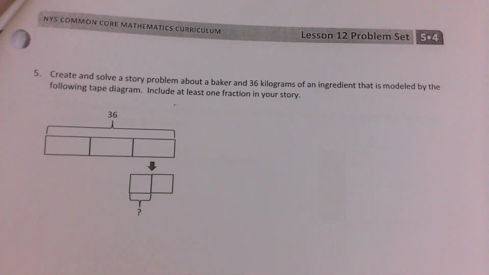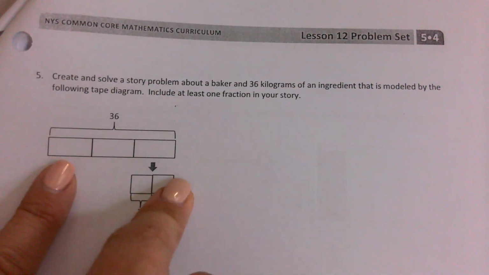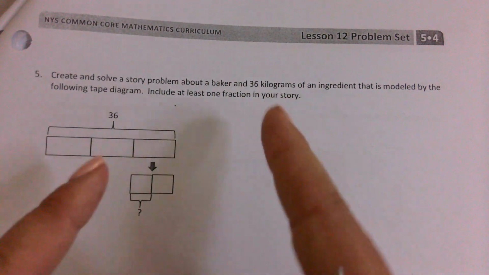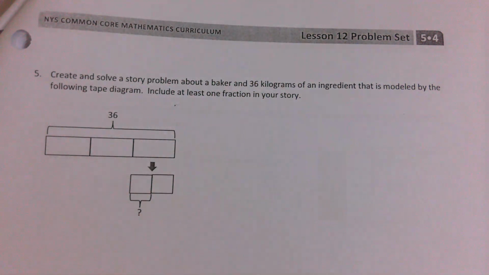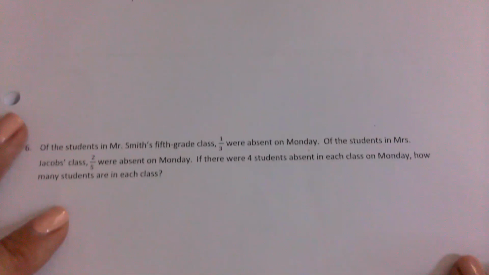So you need to figure out, if this is all 36 and 36 is divided into 3, then you have to take that third and divide it into half, right? So it's not that difficult when you start thinking of it that way.